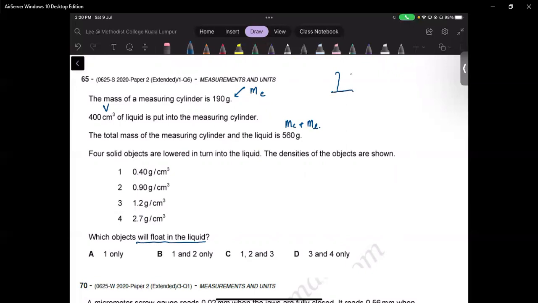What shall we do? For the cylinder, 190 grams. Then we pour some liquid into the cylinder. This liquid is 400 cm cubed. And now the cylinder is 560 grams.